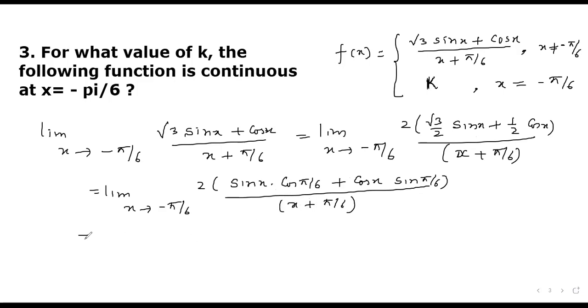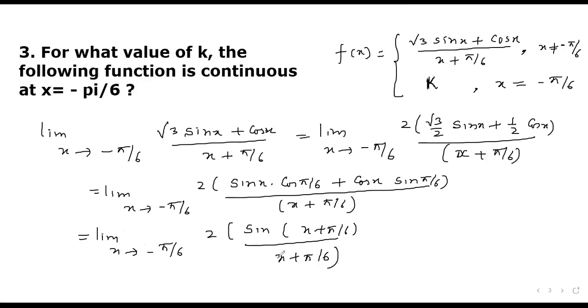So this will become limit x tends to minus pi by 6 twice sine of x plus pi by 6, because the formula sine A cos B plus cos A sine B is sine A plus B, divided by x plus pi by 6.